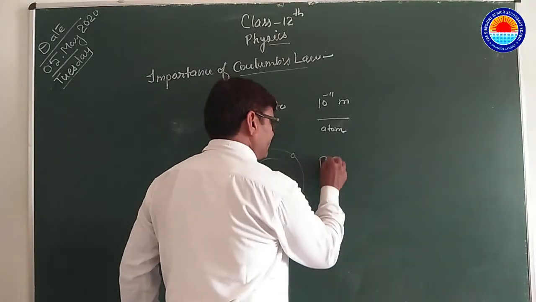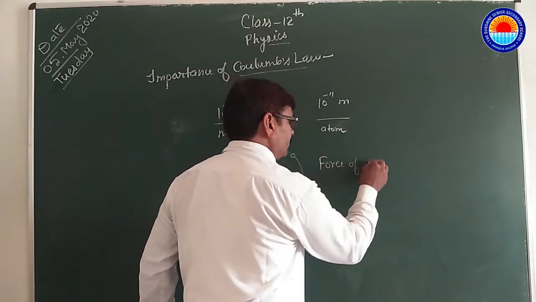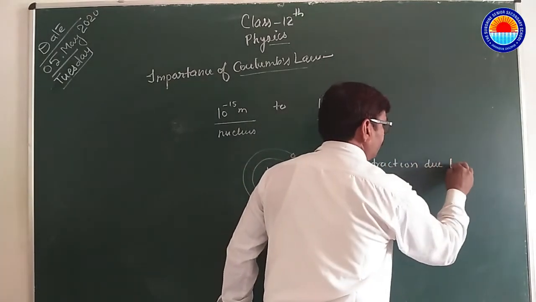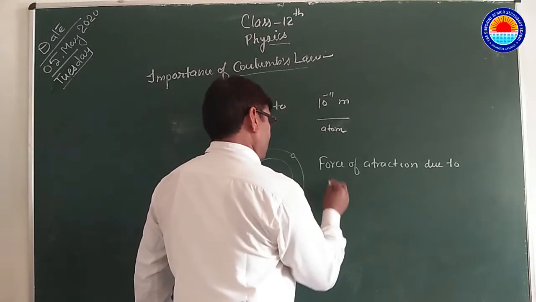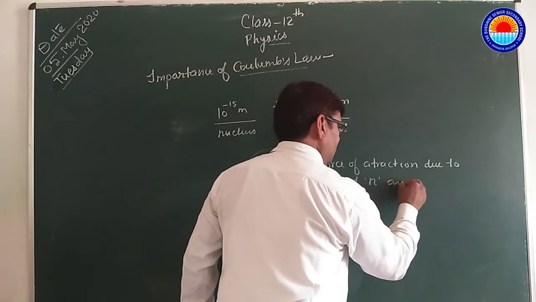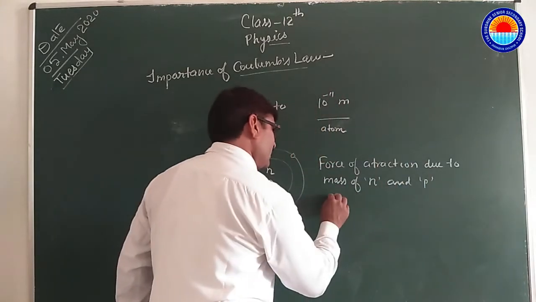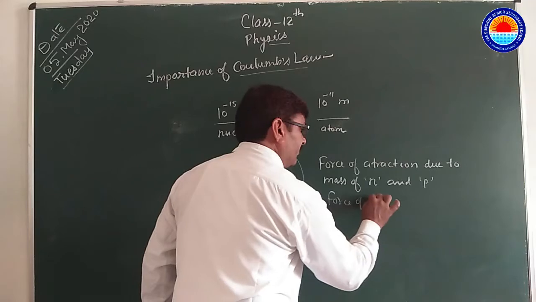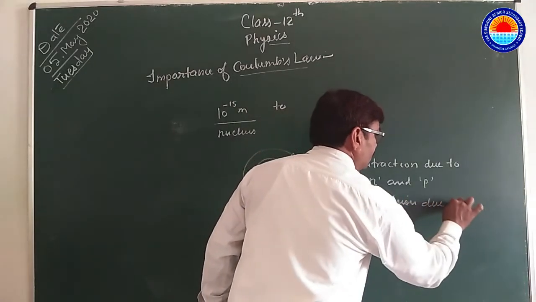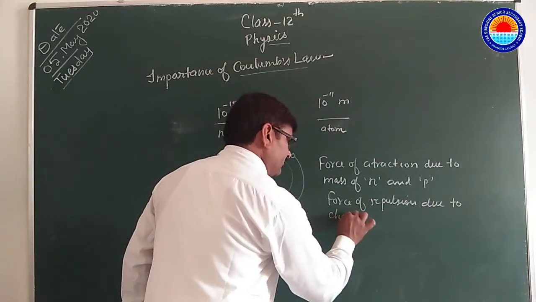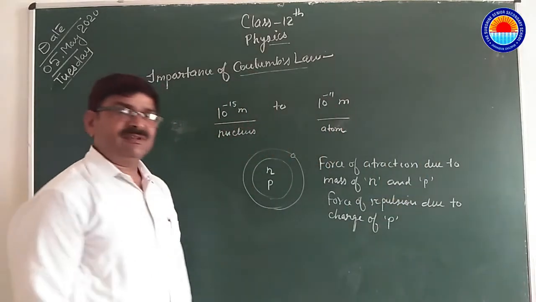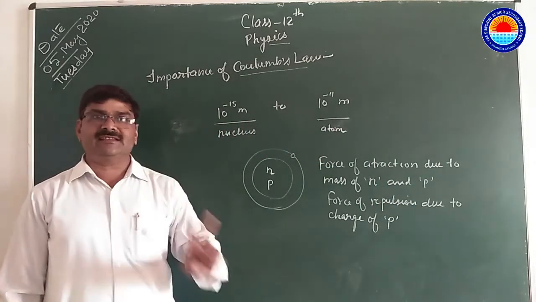Force of attraction is due to the mass of neutron and proton, and force of repulsion is due to the charge of the proton.